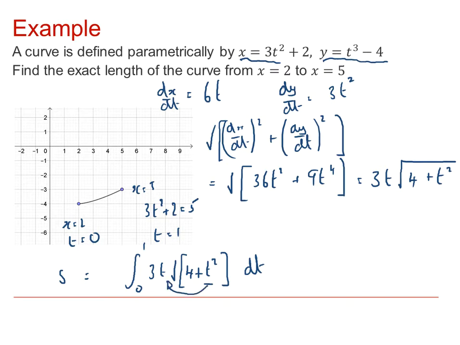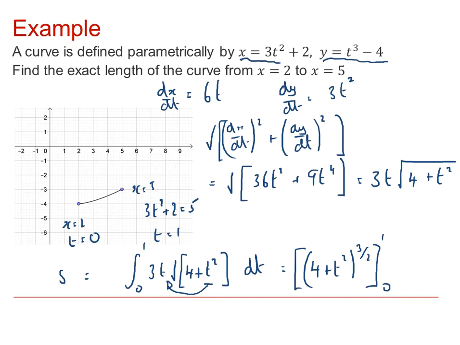So we've got the square root of 4 plus t squared. We would expect our answer to therefore be 4 plus t squared to the power of 3 over 2 multiplied by some constant. If you check, you'll see that the constant is actually equal to 1. So in fact, by reverse chain rule, this integrates to 4 plus t squared to the power of 3 over 2. And of course, we're evaluating that between 0 and 1.